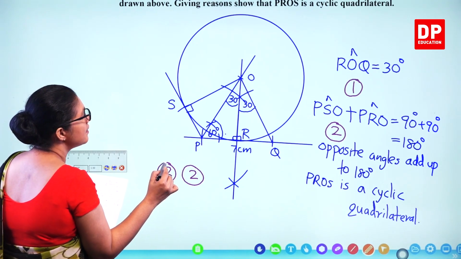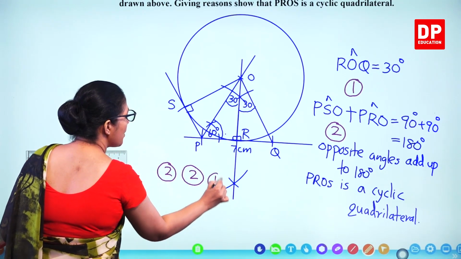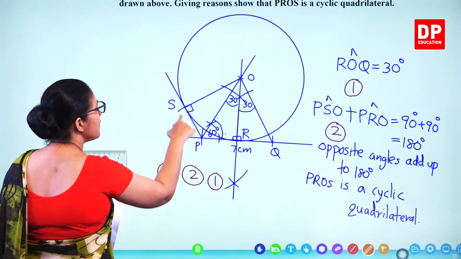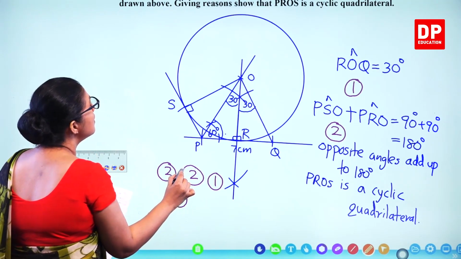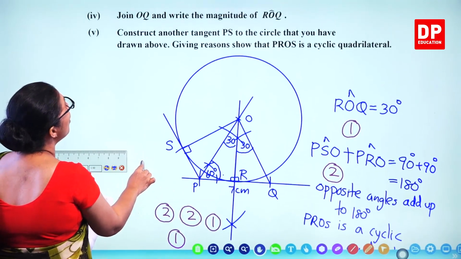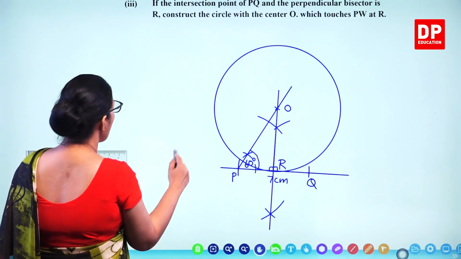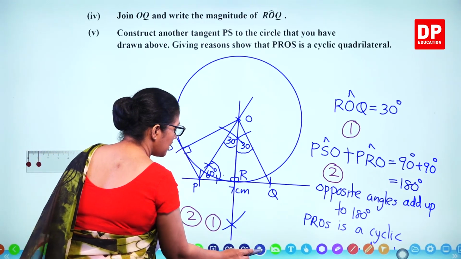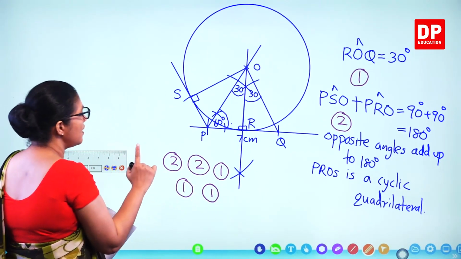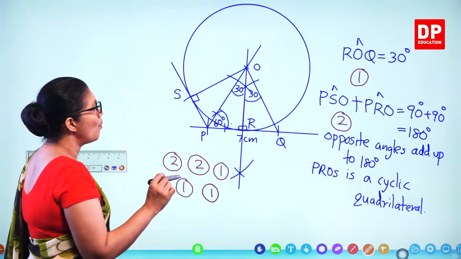And then marking R point, 1 mark. And drawing the other tangent, 1 mark. And we need to give another mark for the previous part, drawing the circle, 1 mark. So 10 marks for the whole question.